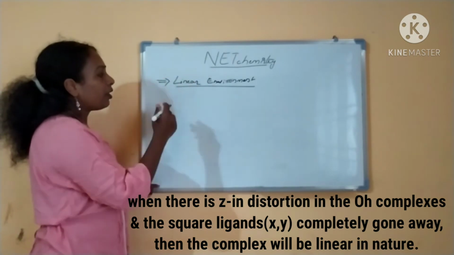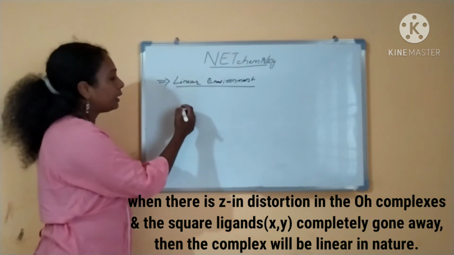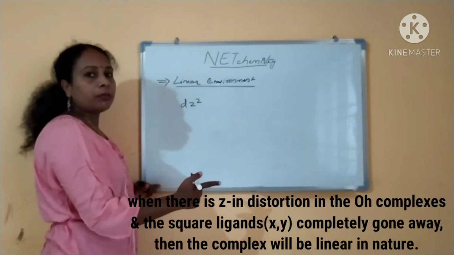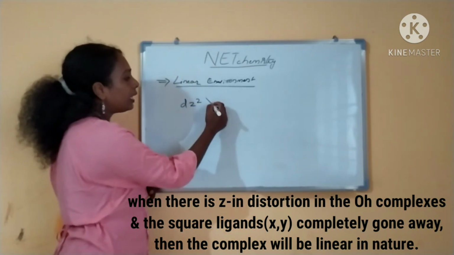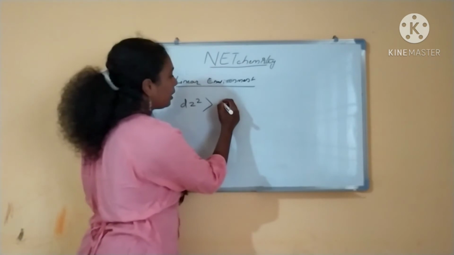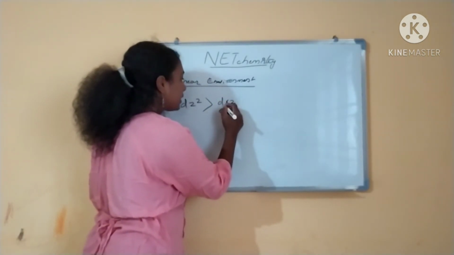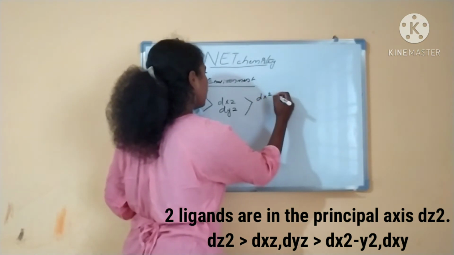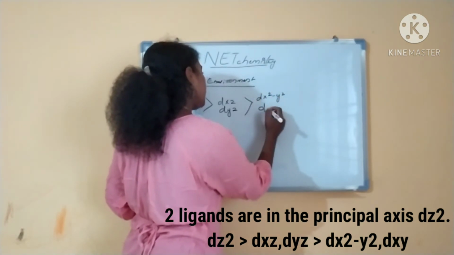So in a linear environment, how will the d orbitals split? dz square will be splitting more, right? Linear environment means Z ligands only will be there. The dz square will be splitting more, then dxz and dyz, then dx square minus y square and dxy.